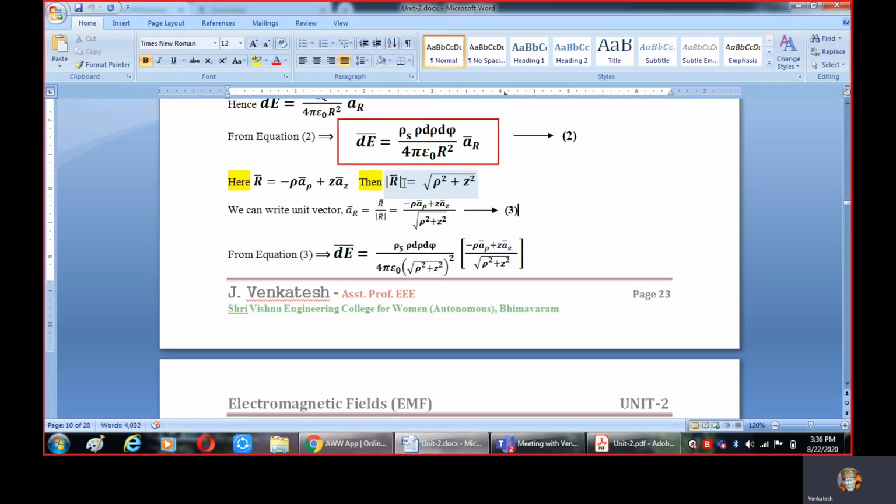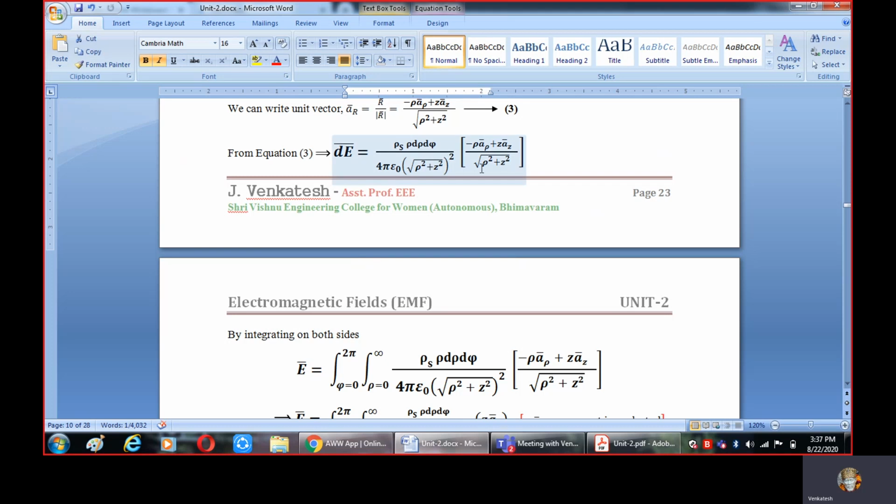So mod r bar is nothing but capital R. In place of r, I am writing the square root of rho square plus z square, and r square means whole power 2. And in place of a_r bar, I am replacing it from equation 3.